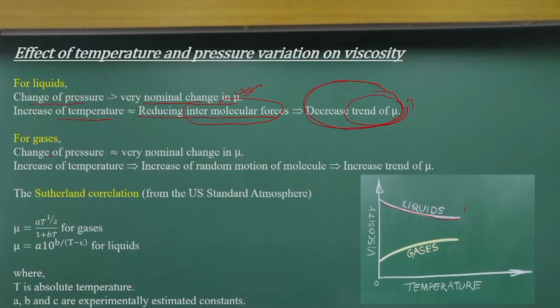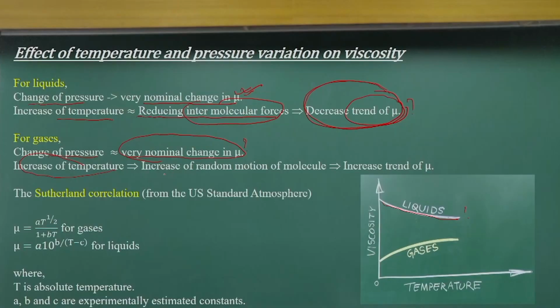The same way, the change of pressure will not give a significant change in the dynamic viscosity. But the change of temperature will. If I increase the temperature from 20 degrees to 40 degrees, or from 40 degrees to 100 degrees centigrade, then there will be an increase in the random motion of the molecules.